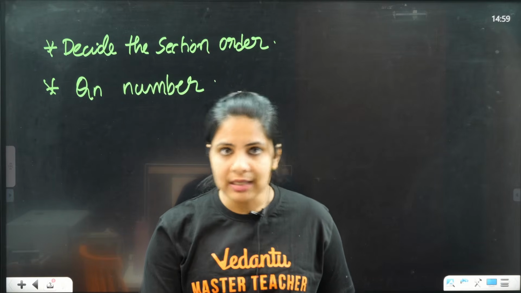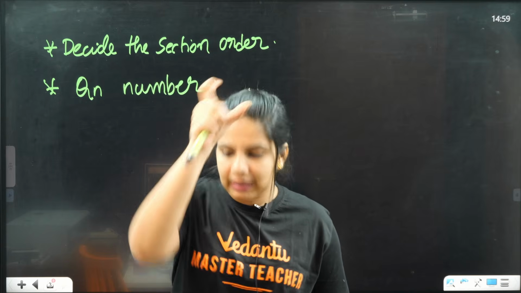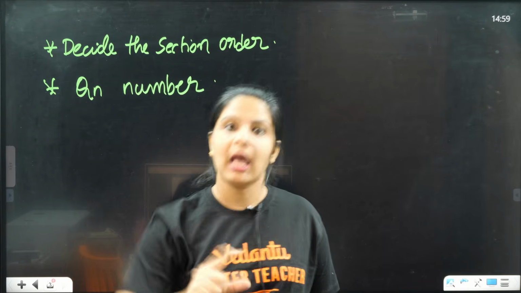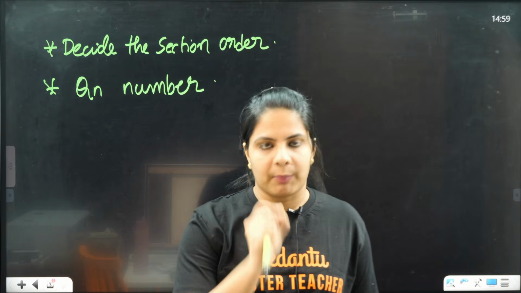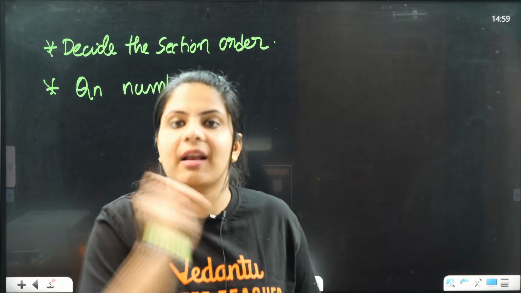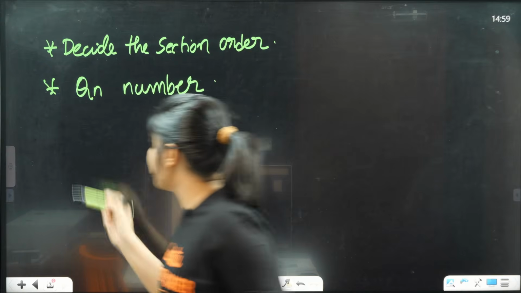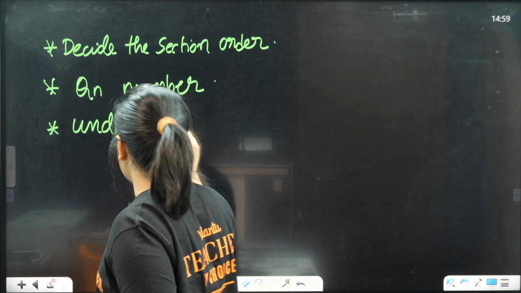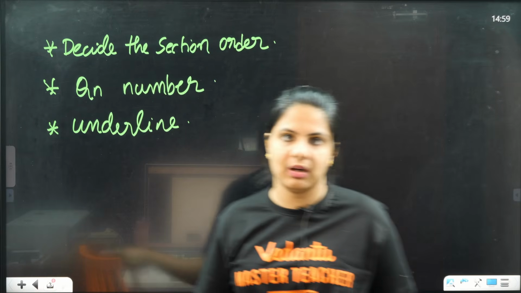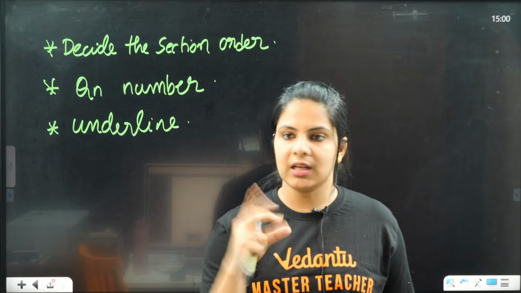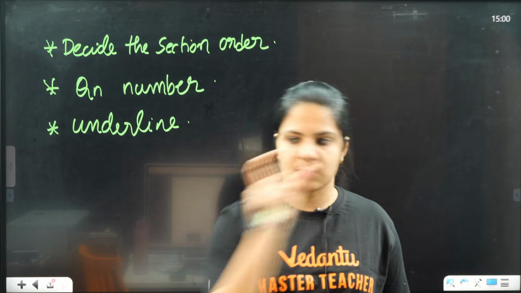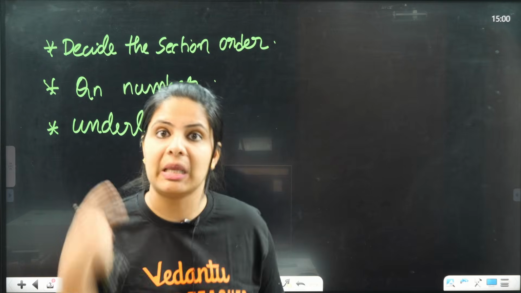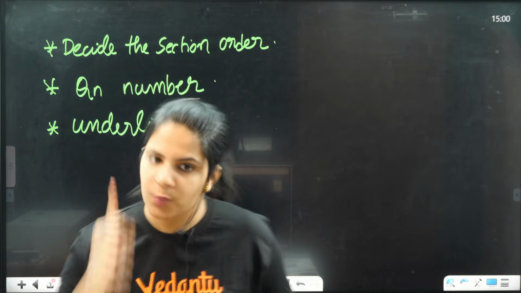So if you feel that something you are writing descriptively is very important and should be highlighted, you should draw an underline. That is a very important thing. If you get enough time to do this properly, the teacher will pay attention. This point is there, that point is there, and that will create a good impression, and that is why we are doing this. Understood, everybody?